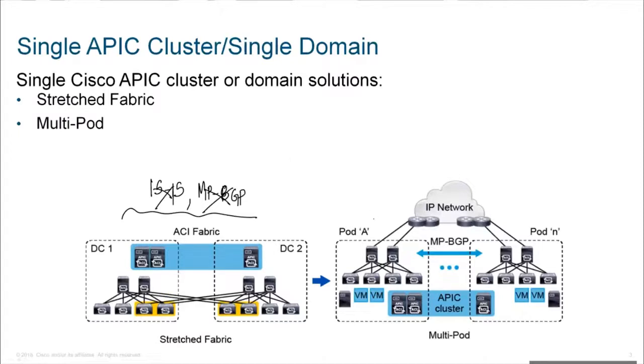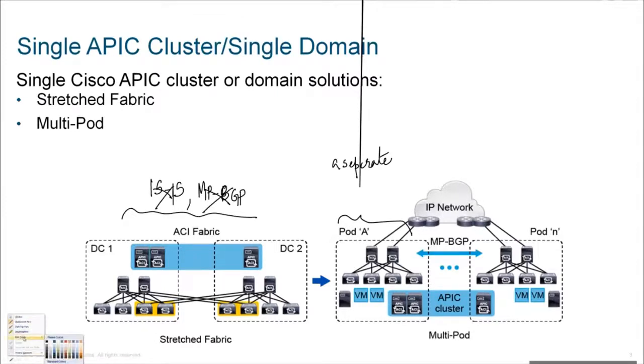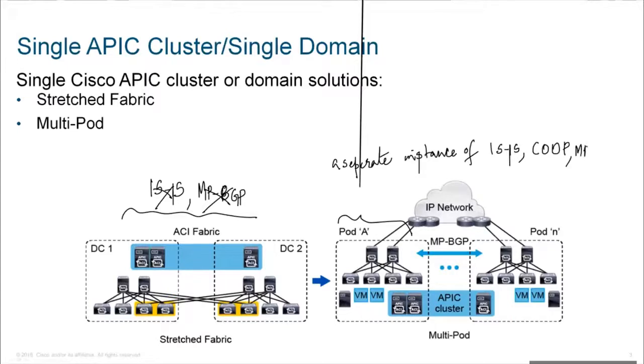Okay. In this multi-pod implementation, a separate instance of, I would say ISIS first, because that's the protocol that builds the routing table between the VTEPs, COOP, and MPBGP in each pod.